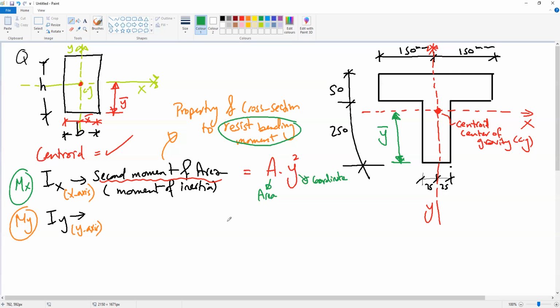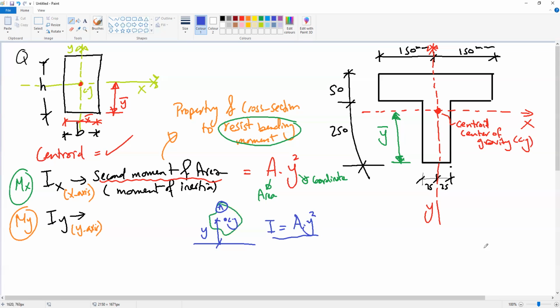This means that for any area, the inertia is the area multiplied by the distance from the CG of the area to the axis, which is y squared. So I, the physical term, equals A multiplied by y squared. Okay, this is the original definition, or how they get the formula for the inertia.